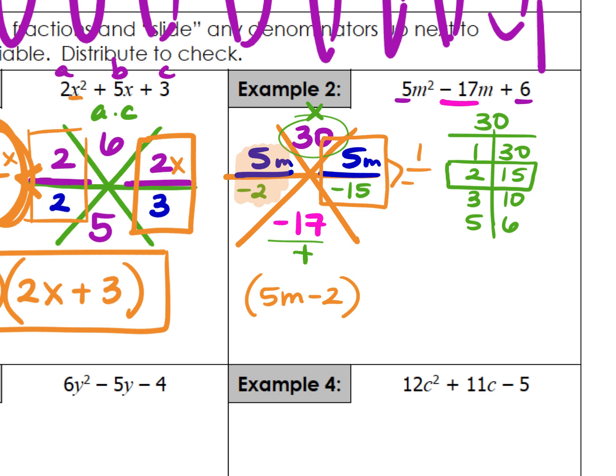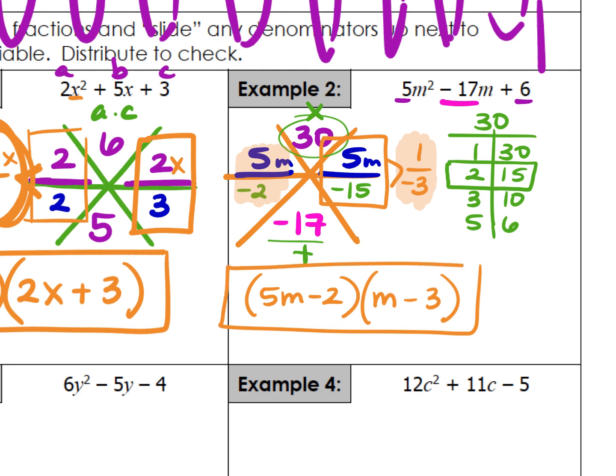Yep, 1 over negative 3. So reduce it, and then that's the one you'll use. How do I write that? Not minus negative. Minus 3. So 1m, you can just write m, minus 3. That is your answer.